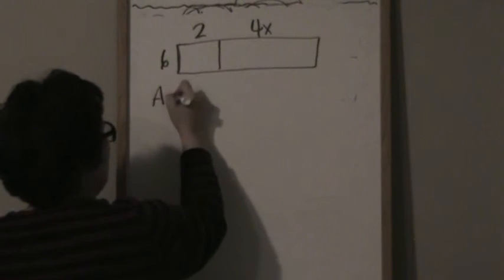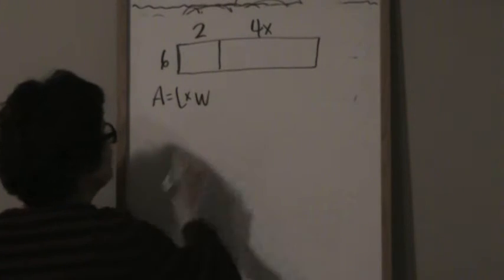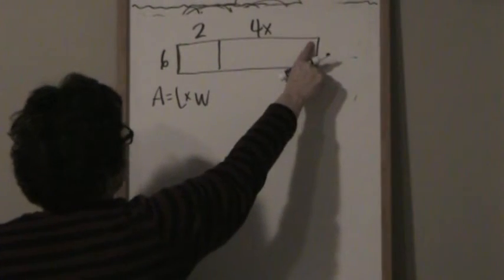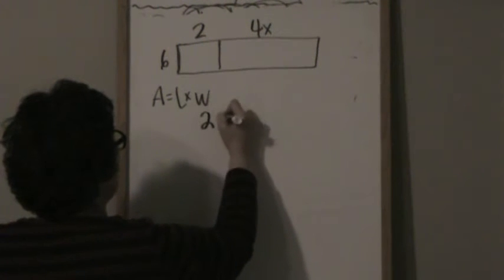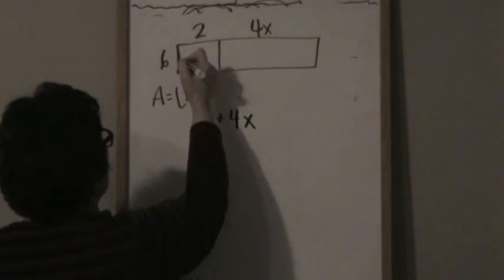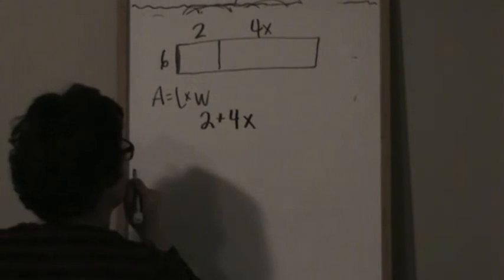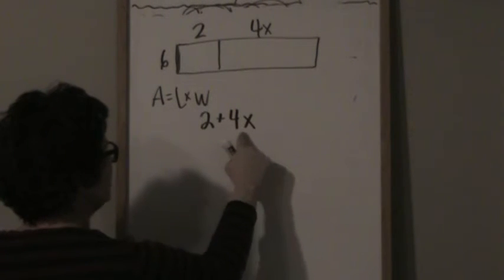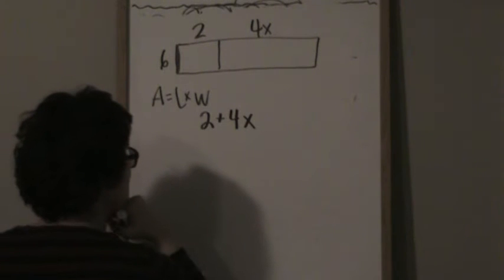So we're looking for the area, and remember, area is length times width. The length of my shape is 2 plus 4x, and then the width of my shape is 6. So it's going to be 2 plus 4x times 6.